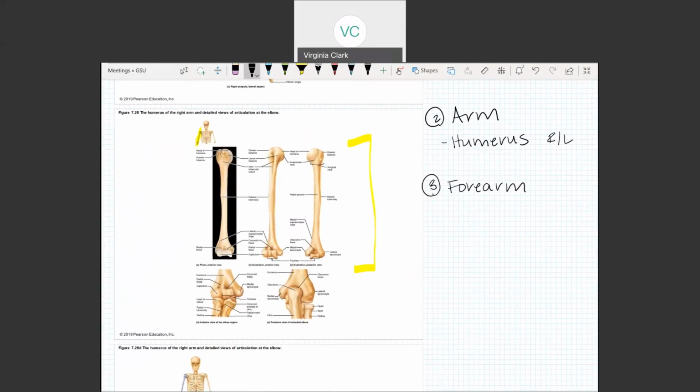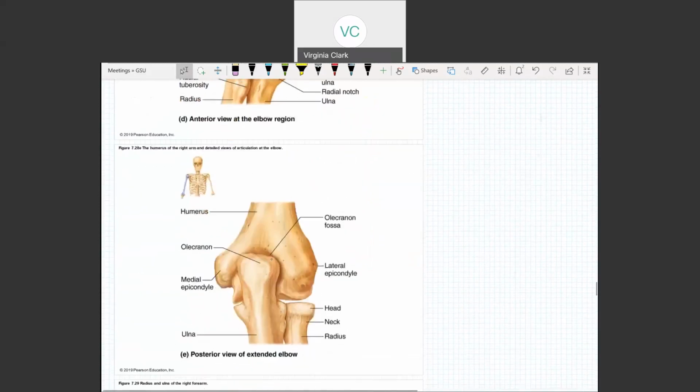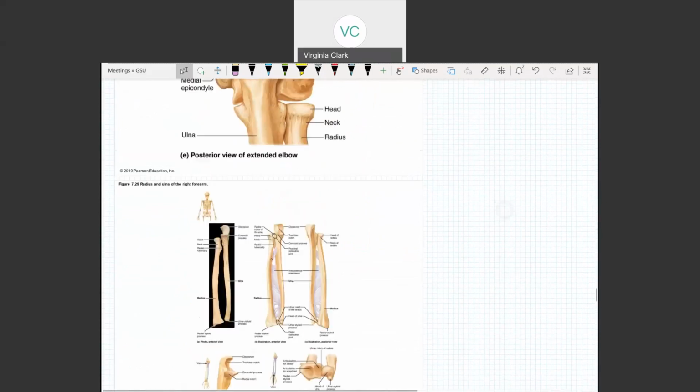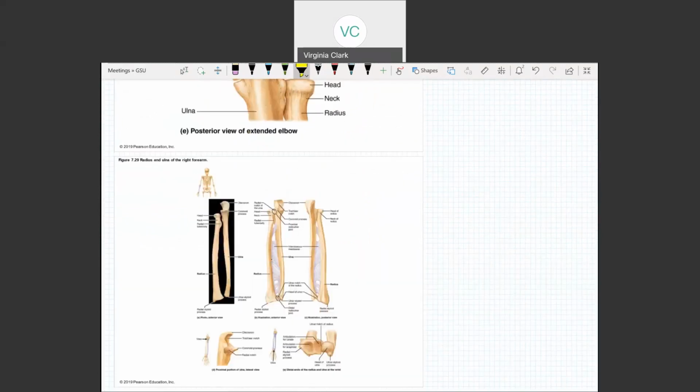Your forearm is going to have a bone that is your radius, the lateral or outside bone, and your ulna, which is the medial or inside bone. As we're looking at this, you can notice that we have two bones that are side by side, the radius and the ulna.